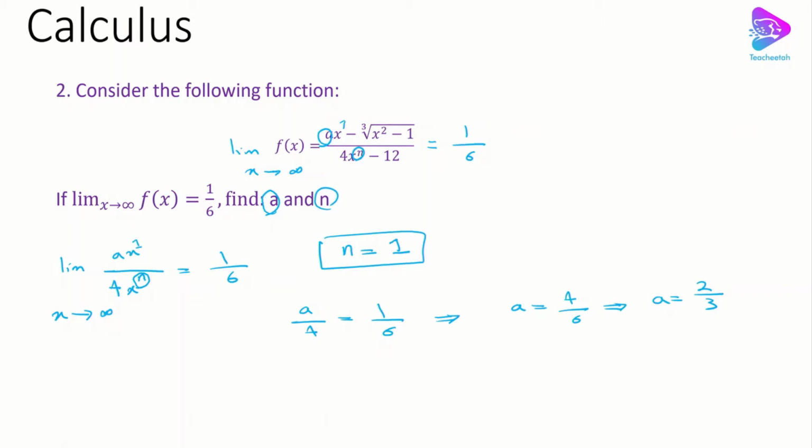If you are interested to see how we can solve rational functions, and if you need to review, you can watch our previous video on limits of functions at infinity. We focus on the rational function.